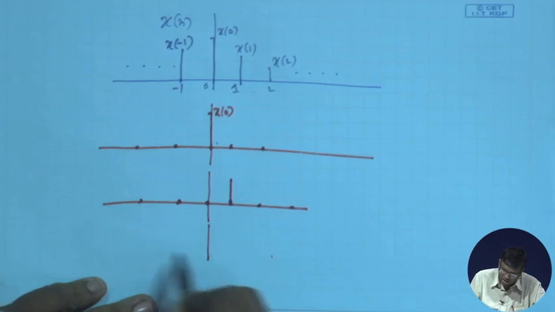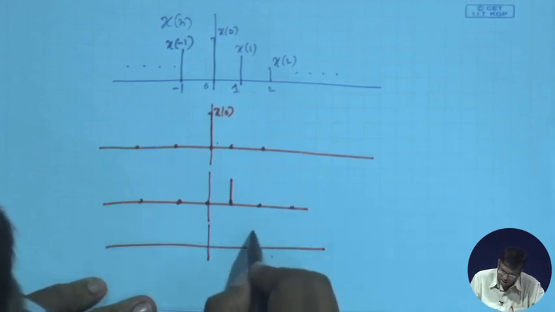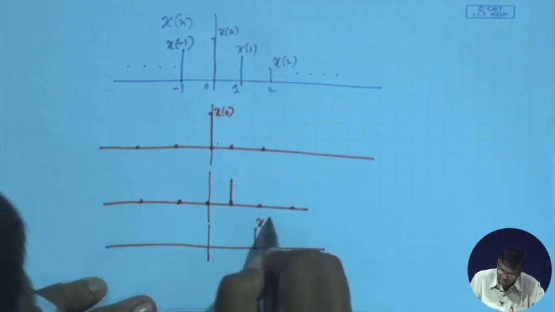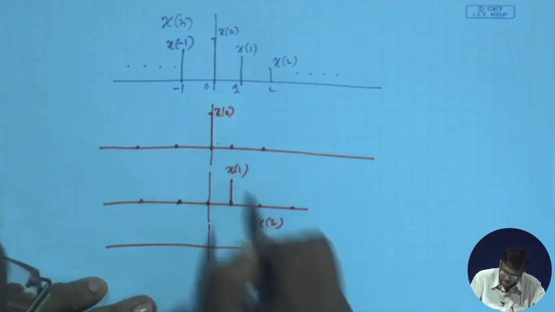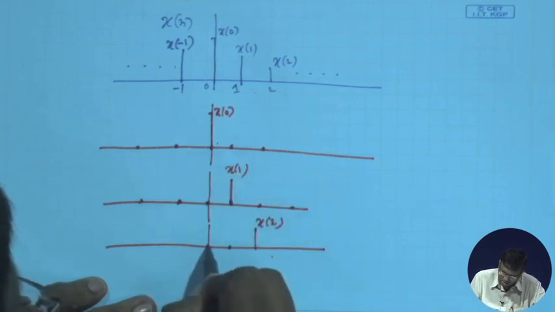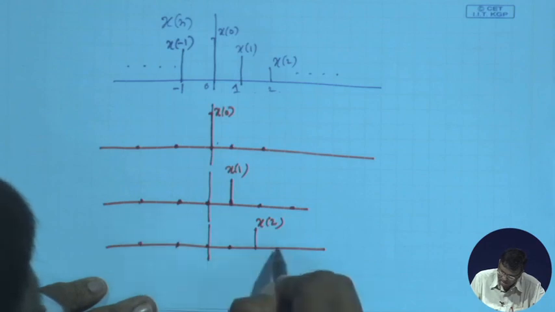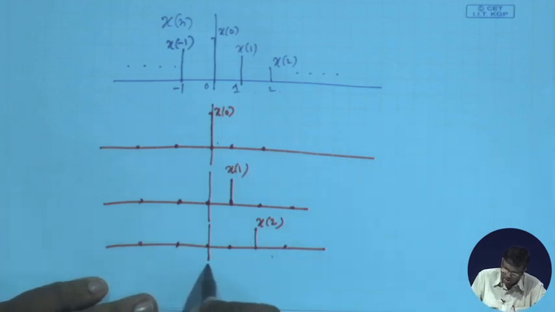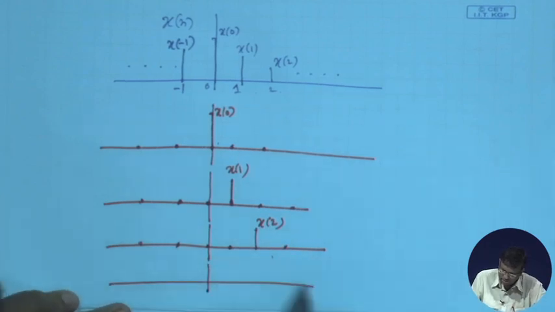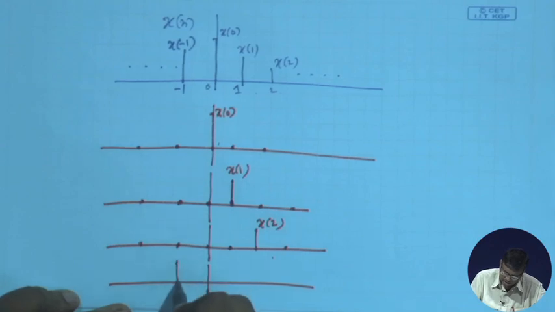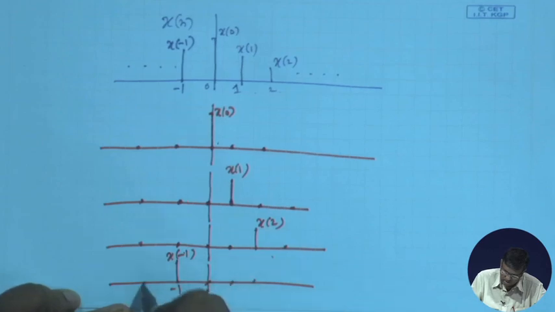Then another one, x 2 here, but 0 everywhere else. Another one, if you go to the minus side, x minus 1, this value at minus 1, but 0 everywhere else, like this.